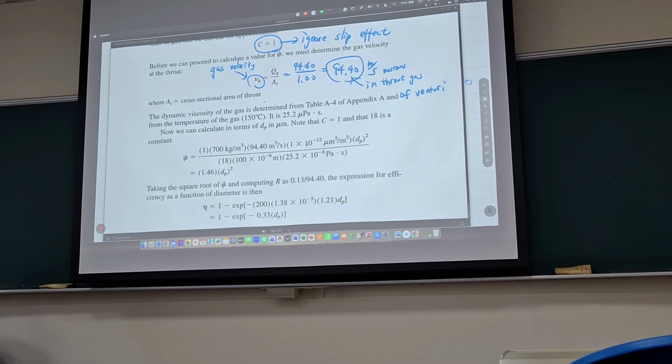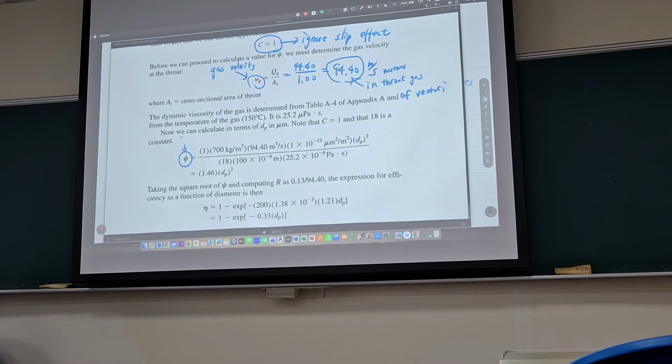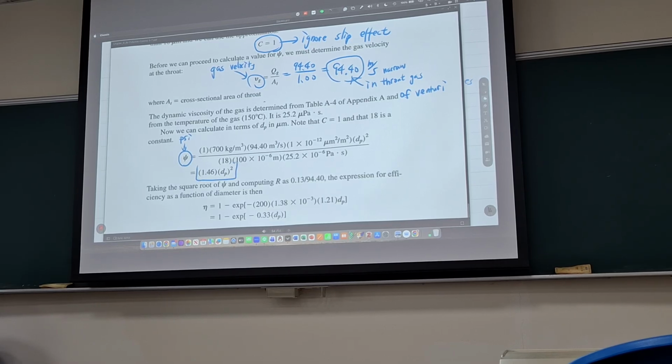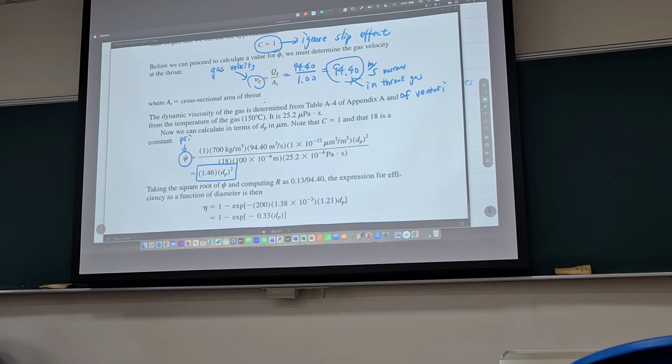Next we need to calculate psi. It's a Greek letter; the P is silent, so it's pronounced as psi. Just based on the formula, we get 1.46 dP squared.